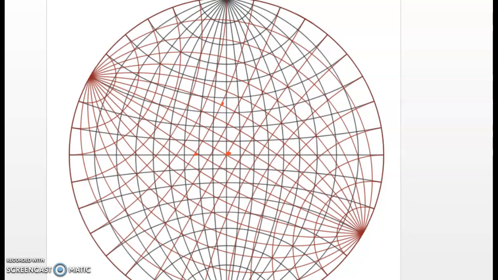However, since we know that the moon is not on the ecliptic itself, and this is the punchline of this whole shiur, it has a certain latitude, northern or southern. So we need to do some kind of fixing, an adjustment.